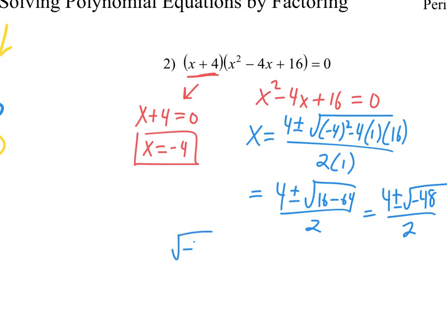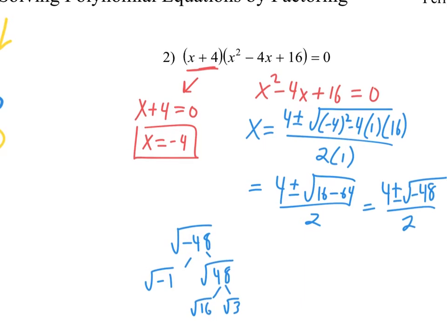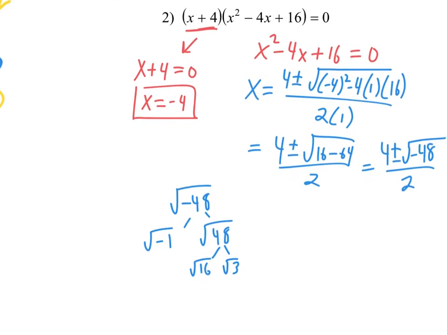That square root of negative 48, first off, since it's negative, we're going to bring out the negative 1, and then times 48. Now with 48, we want to get it broken down into factors, but we want to choose the correct factor where one of them is a perfect square. So since 48 is equal to 16 times 3, let's go that route, because 16, again, is a perfect square.